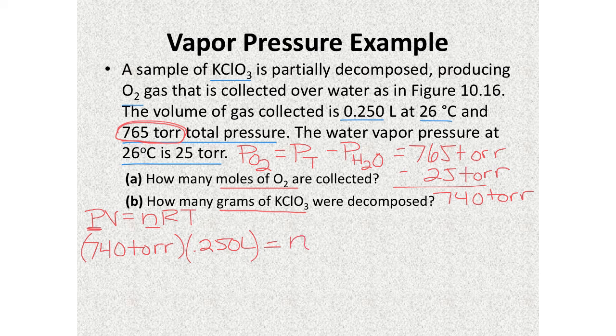Again, we are solving for the moles of the oxygen. Since we are using torr, we will use the 62.36 constant. And remember, the temperature does always have to be in Kelvin. So that would be 299 Kelvin.